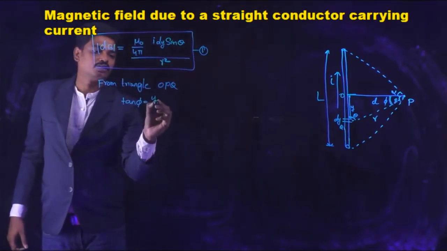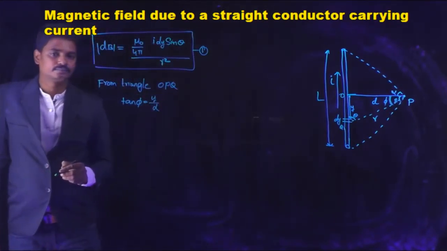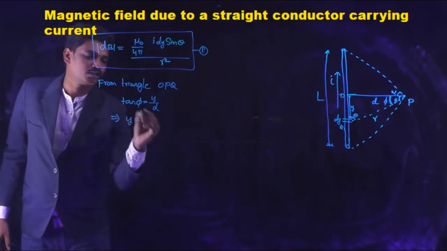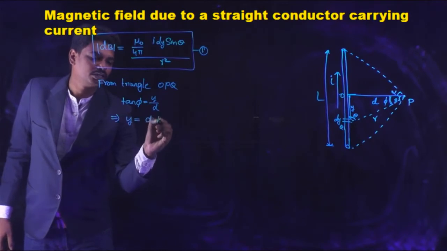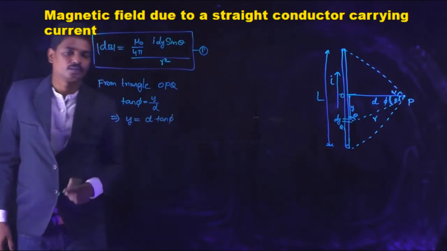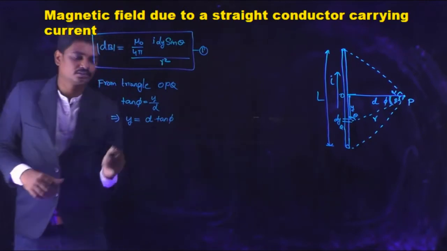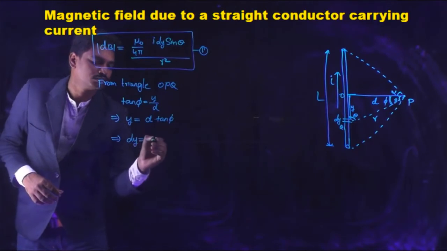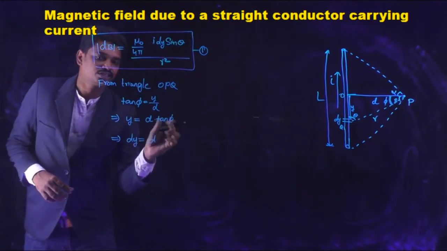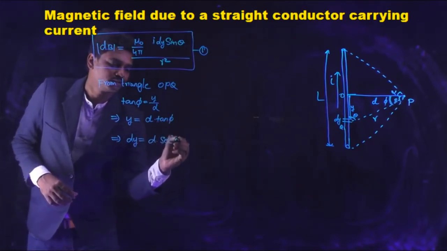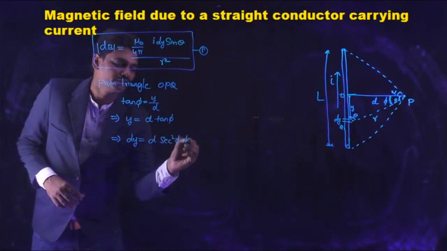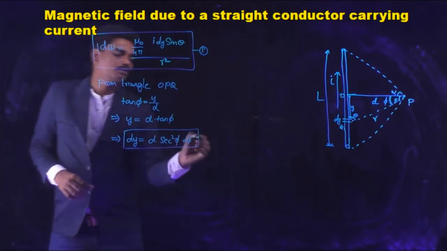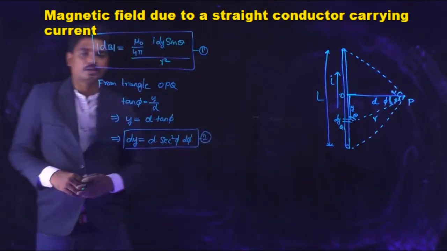So tan phi is equal to y by d, from which y is equal to d into tan phi. Now differentiating on both sides, dy is equal to d into the differentiation of tan, which is secant square phi into d phi. So dy is equal to d into secant square phi into d phi. Let it be equation number 2.